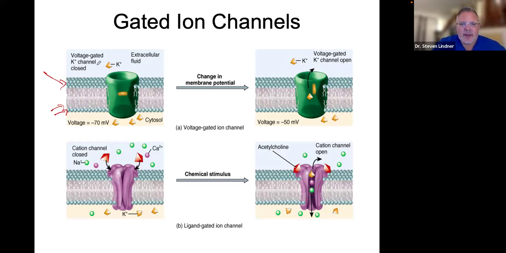So this is a voltage-gated channel, and it's closed. We see the doorway right here is closed, so nothing can make it through to the other side. Okay, and that is RMP, a resting membrane potential of minus 70 millivolts.